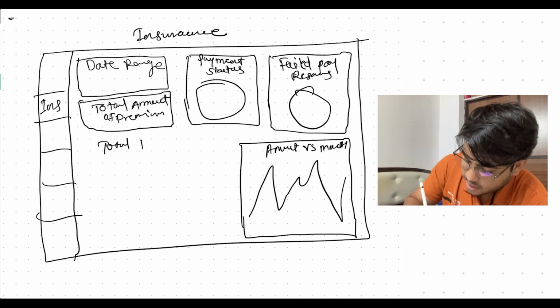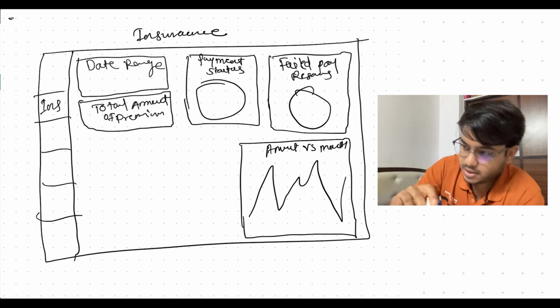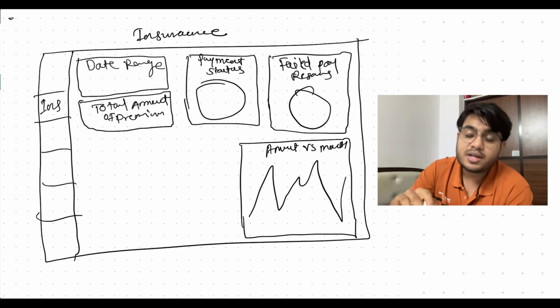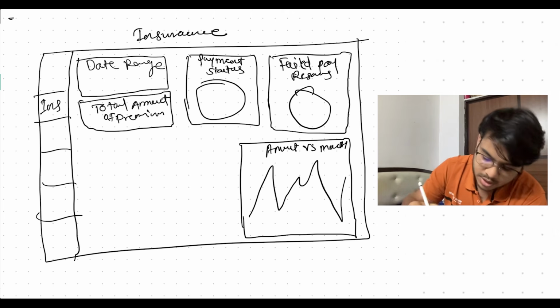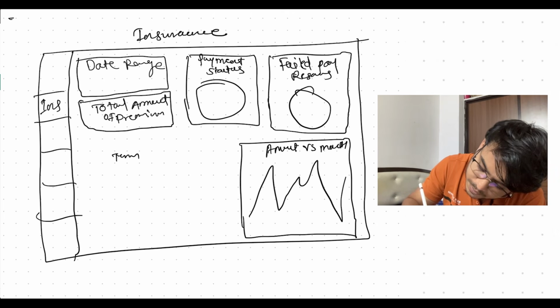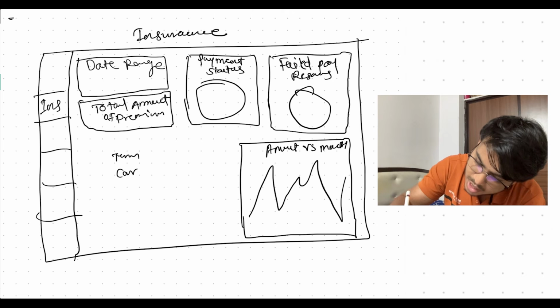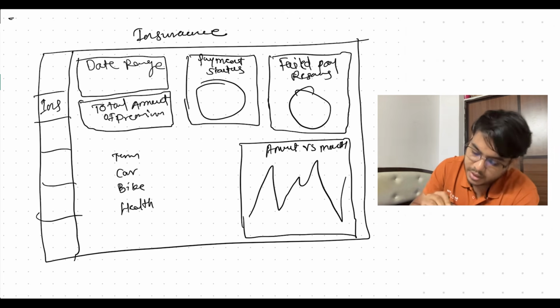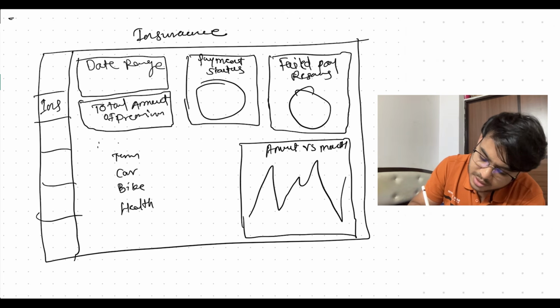And the last thing will be under the services: under insurance there will be sub-insurance types, like term insurance, car, bike, and health. We'll add those here, and here we'll add total transactions.